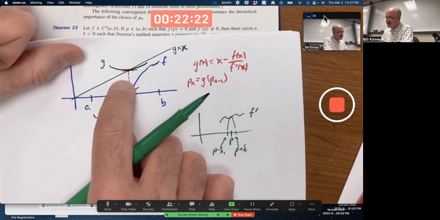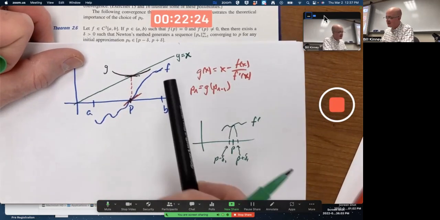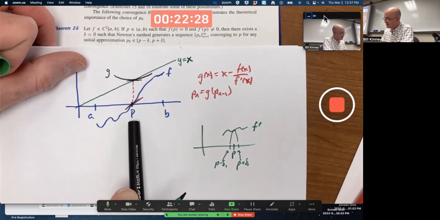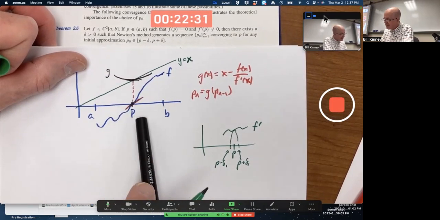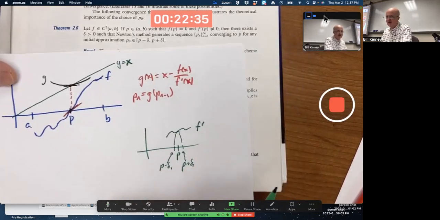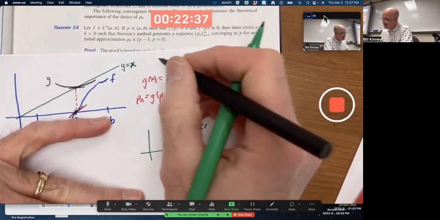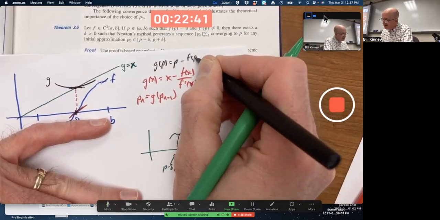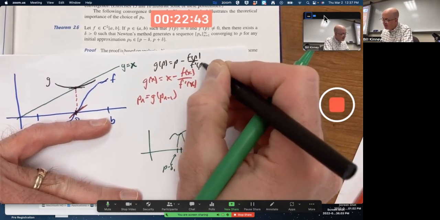Hey, that's the confirmation of the fact we saw at the end of class on Tuesday, that the derivative of G at the fixed point, at the root of f, is 0. P, the root of f, is a fixed point of G. Right, G of P equals P minus f of P over f prime of P, but f of P is 0.